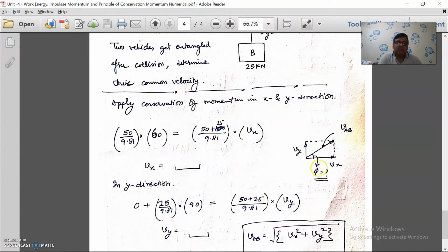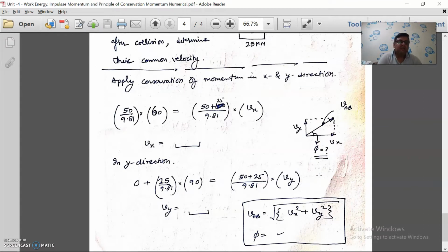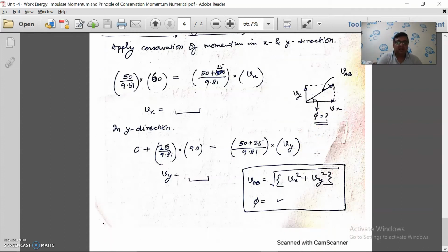Once Vy is given to me, then I know the value of Vy, I know the value of Vx, and I can always calculate the velocity of the combined block A and B together. Let us say it will go in this way, and this is the angle phi. Now, since I know the value of Vx and Vy, I can easily get the value of Vab, and I can easily get the value of phi. These two variables are the only ones desired in this question, right?